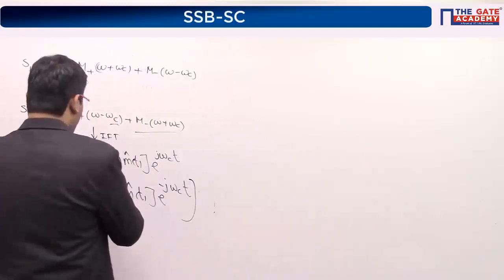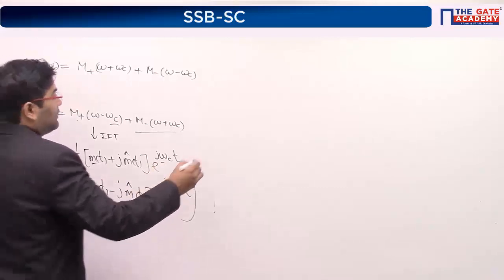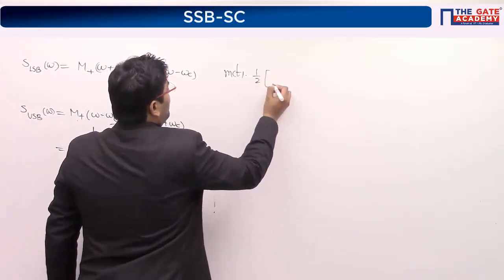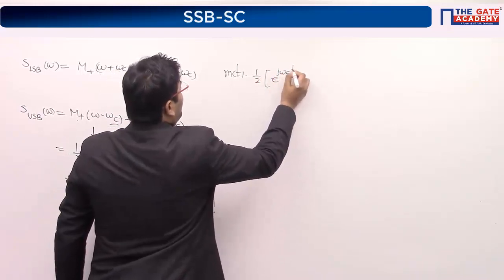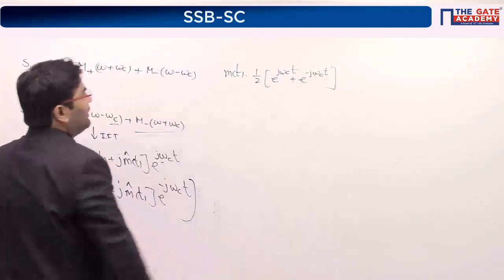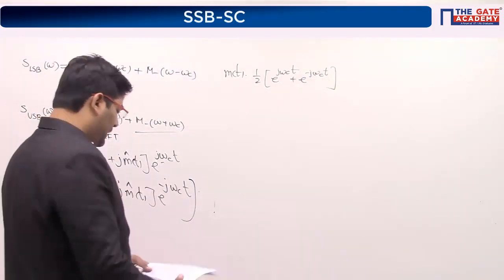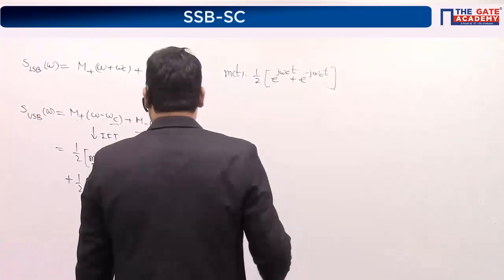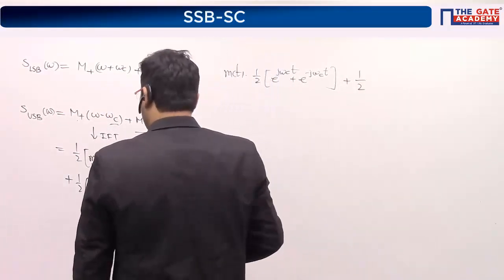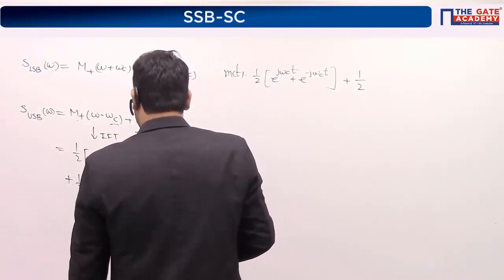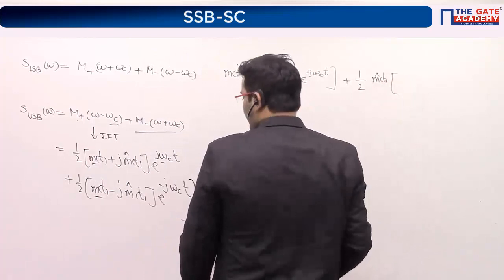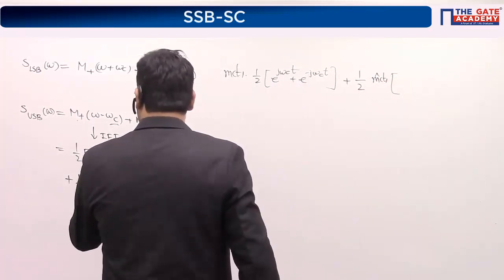So you can take m of t common, and it will be m of t times half of e to the power j omega c t plus e to the power minus j omega c t. Plus again half common, and take m hat t common.